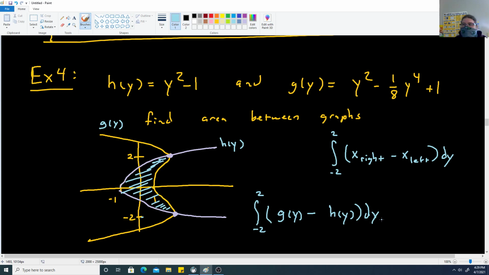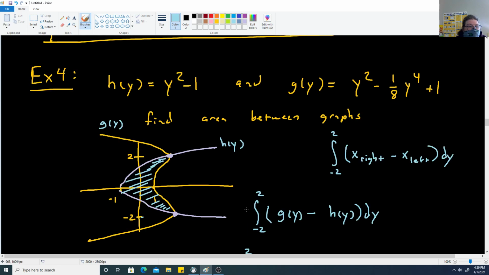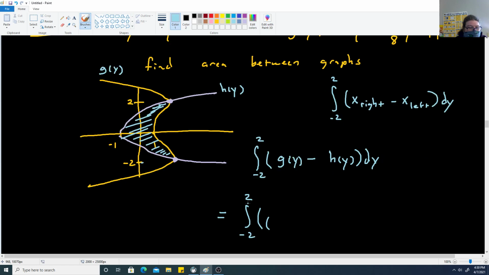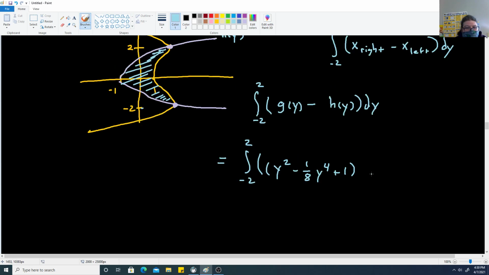So this is the integral from negative 2 up to 2 of g of y, which is y squared minus 1/8 y to the 4th plus 1, minus the h of y function, y squared minus 1.